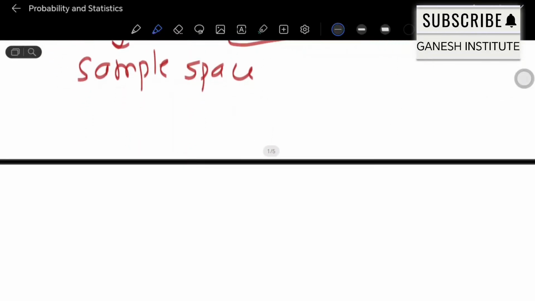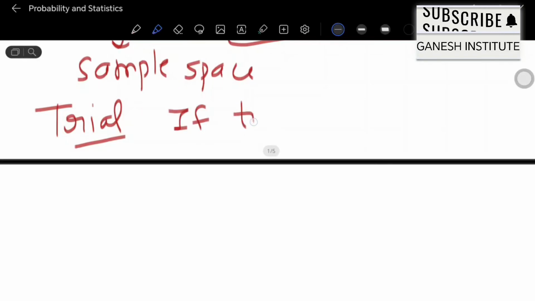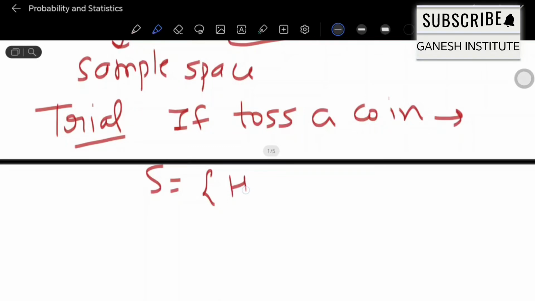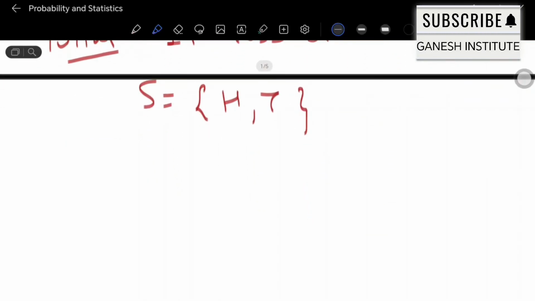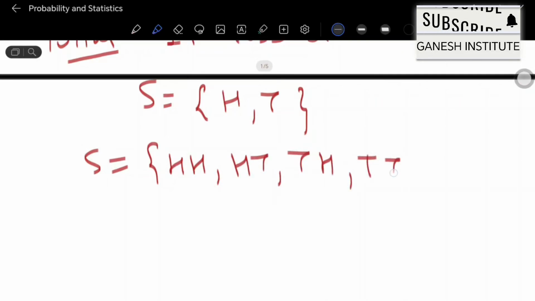Now what do you mean by trial? Let's say we are tossing a coin. The sample space is head and tail, either head or tail, right? When we repeat a random experiment several times, let's say we do it twice, then the sample space will be head head, head tail, tail head, tail tail.